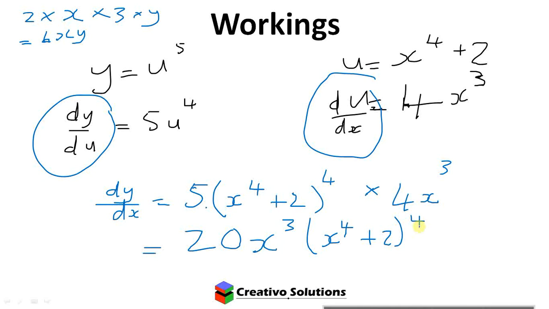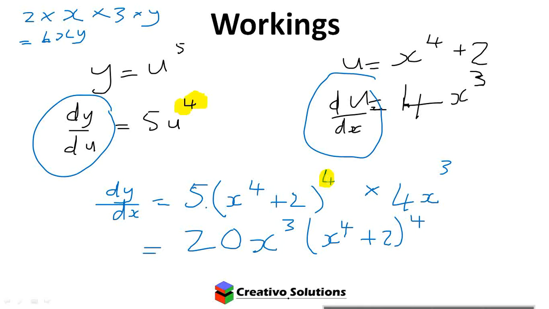Right, 20x3. How do you get that power 4? Where was that from? What was this? Okay, got that. Well, that's how you do chain rule. So chain rule is quite a simple technique, but it's very powerful because it helps you to derive derivatives from more complex functions.